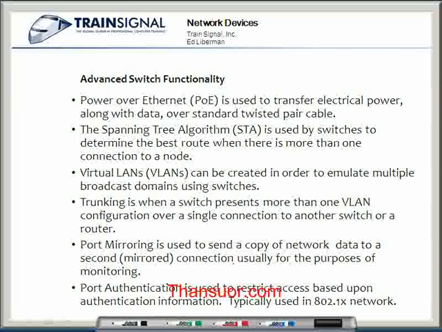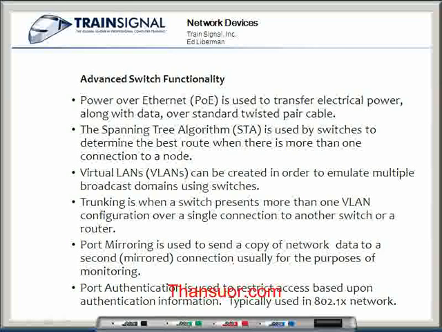And so there is something called the spanning tree algorithm that switches use to then figure out which is the best route. Now, I will tell you that this does not turn a switch into a router. Matter of fact, none of these things truly turn a switch into a router, because if that were the case, well, why would we even have routers? It just gets you closer to being like a router.